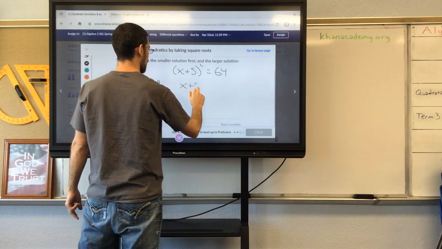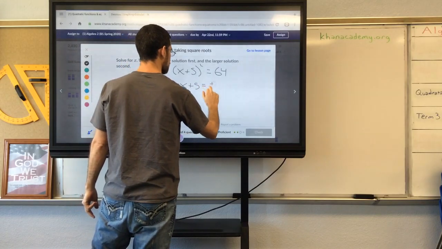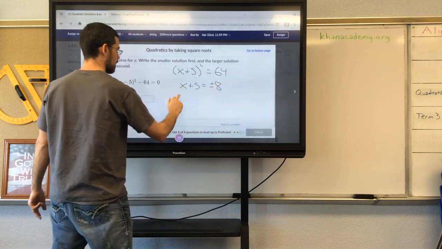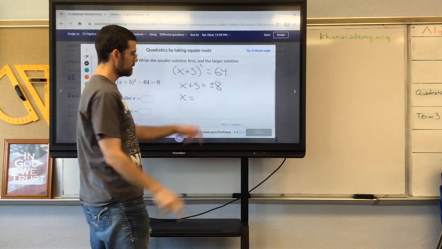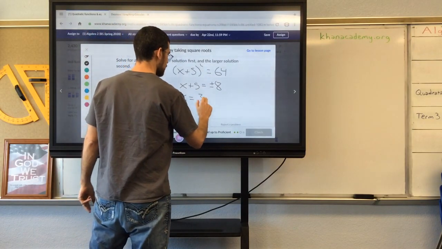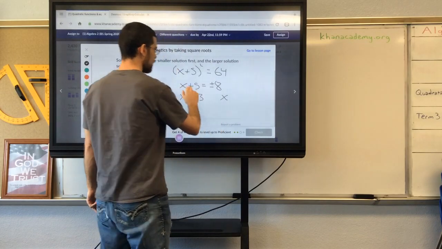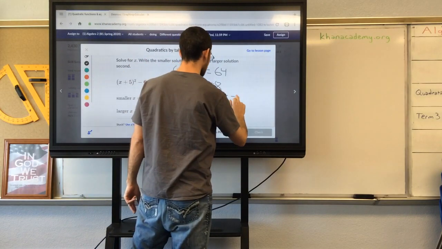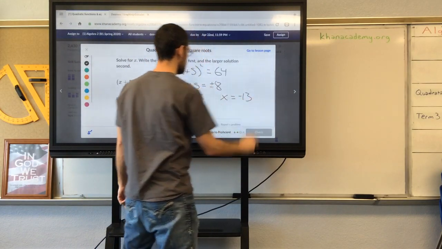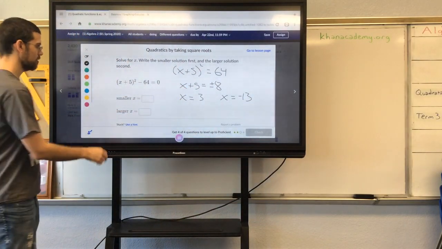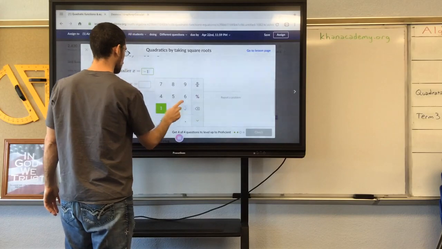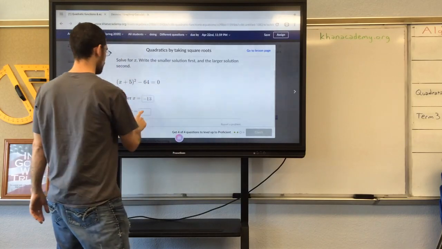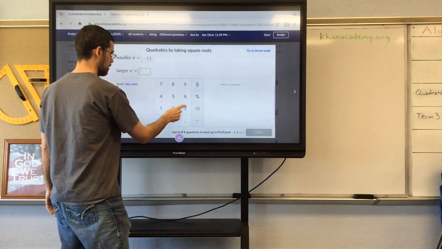X plus 5 equals plus or minus 8. X equals negative 5 plus 8 is 3, or negative 5 minus 8 equals negative 13. The smaller one is negative 13. And the larger one is 3.